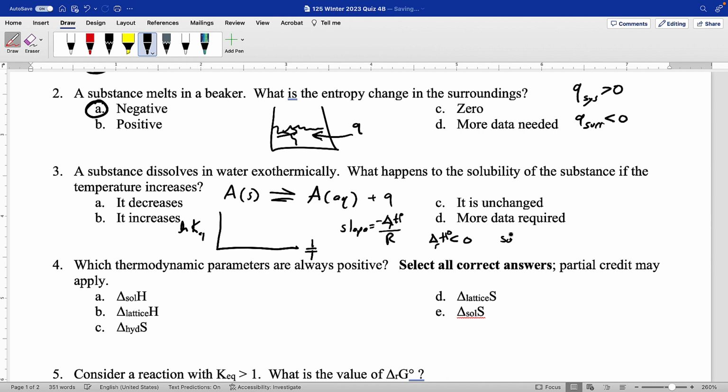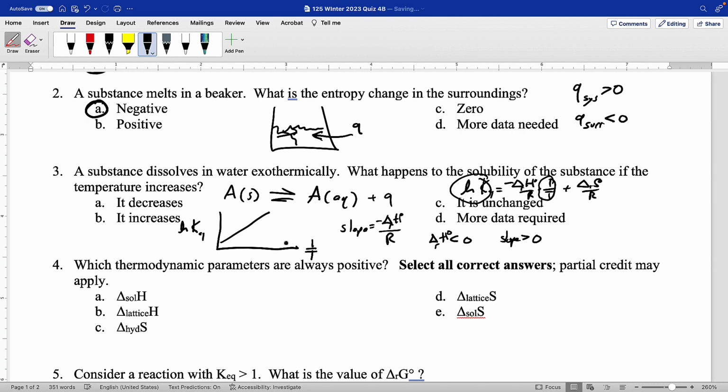That means the slope, since the slope is negative delta H over R, has to be greater than 0. The slope has to be positive. So we draw a line like this. I'll write the equation for that curve over here. The log of K equilibrium is negative delta H over R times 1 over T plus delta S over R. So if we graph 1 over T as our x and the log of K equilibrium as our y, the slope is going to be that negative delta H over R.